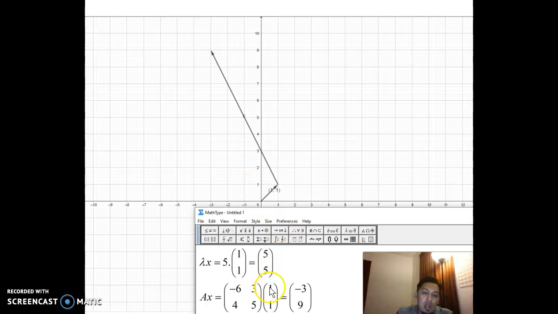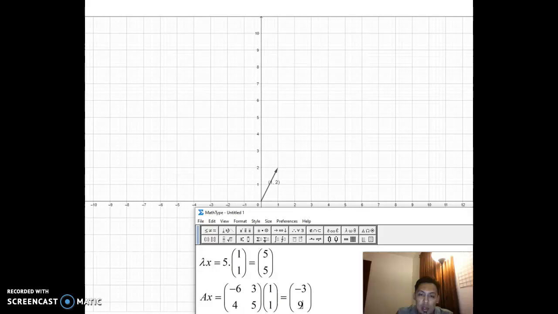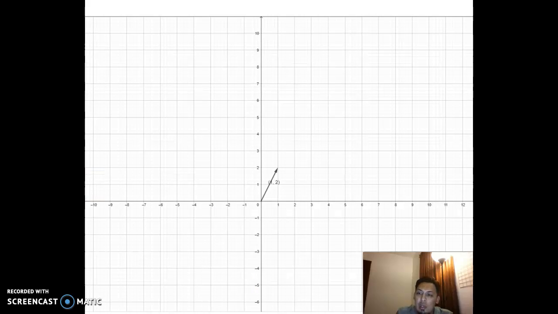So maybe we can try another vector. Maybe let's try 1, 2. If we try vector 1, 2, let's see what happened. I multiply my matrix with 1, 2, which is this line. I multiply it with the same matrix, and it gives me this line.